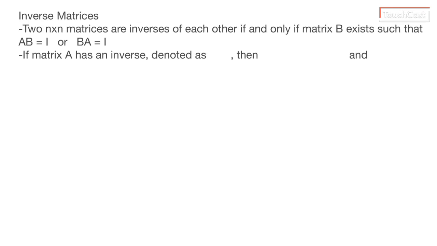And then if matrix A has an inverse, we denote that as A with a little power of -1. Then we can say if we take A and we multiply it by its inverse, we're going to get the identity. And if we were to take the inverse and multiply it by A, we get the identity.